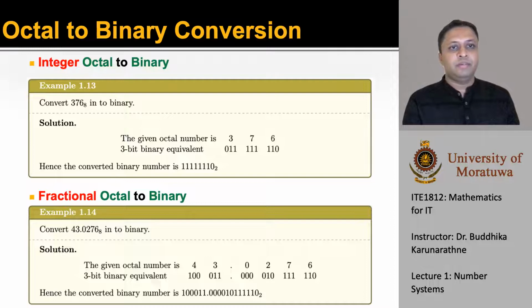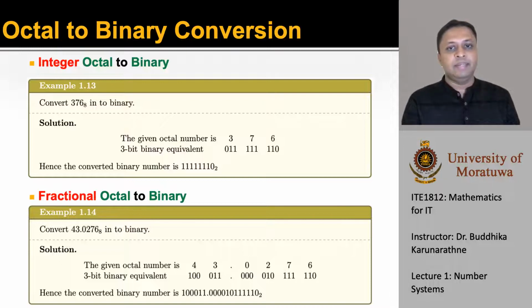Another example, another type of conversion, from octal to binary. In this example, you have this octal number 376, and you need to convert that to binary. So we adopt a procedure here. We write down the digits in the octal number, in this case 3, 7, and 6. And how do we do this?